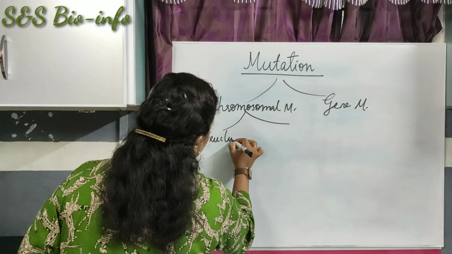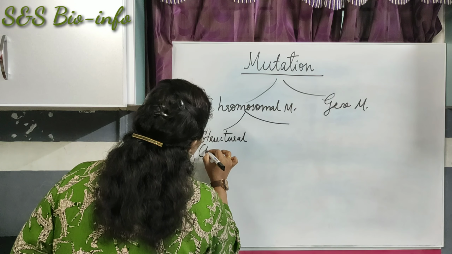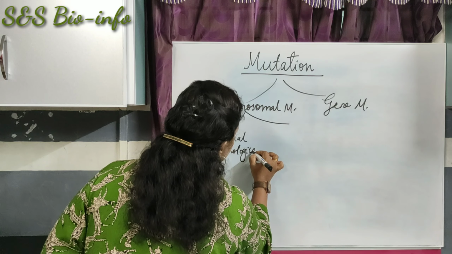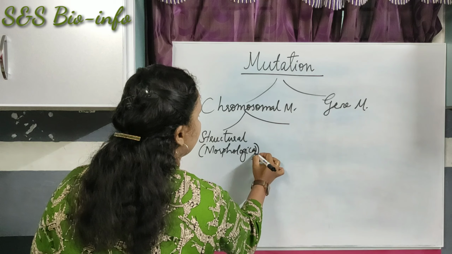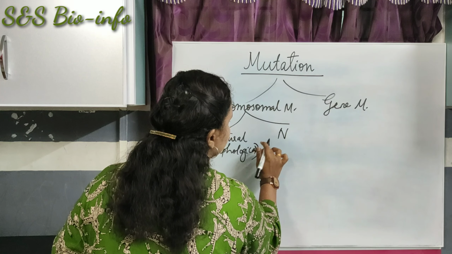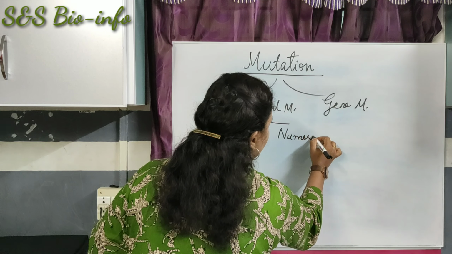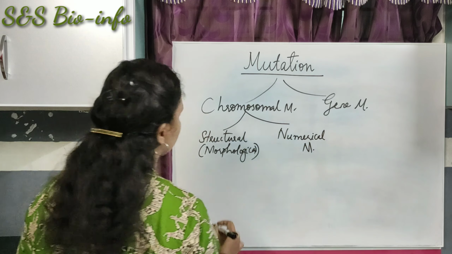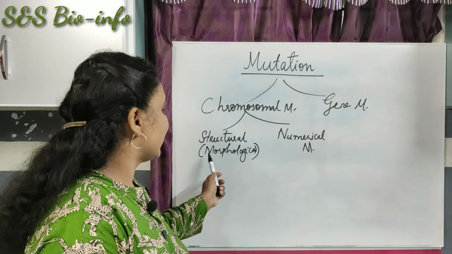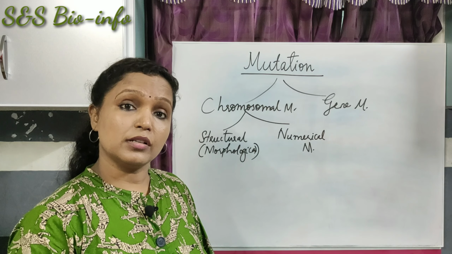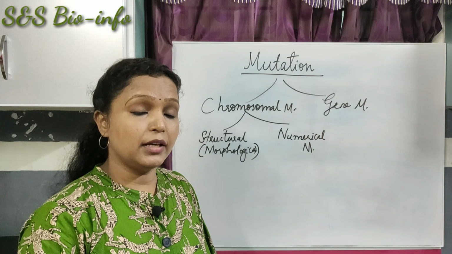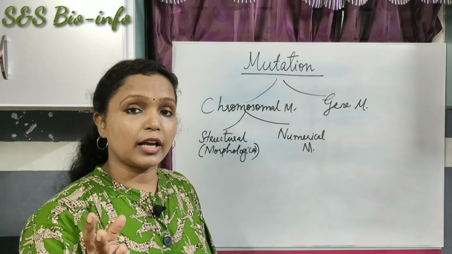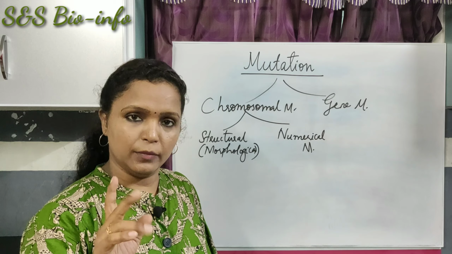Structural or morphological mutation means the structure of the chromosome can be altered by certain kinds of factors. There are four types of structural chromosomal mutations.